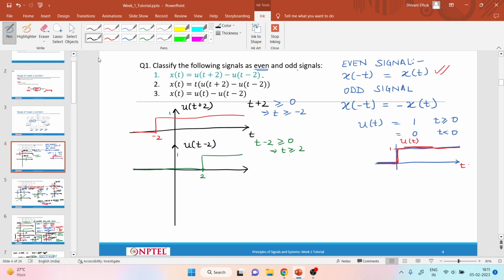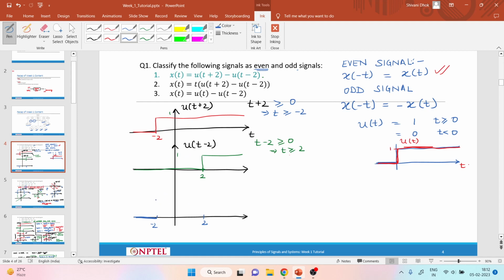Now how to construct your x of t? Your x of t is simply the subtraction of these two signals. So let us look at it: you have to do point by point subtraction. Till minus 2 both of these signals are 0, so it's okay. Now from minus 2 to 2 we observe that u of t plus 2 is 1, whereas u of t minus 2 is 0.